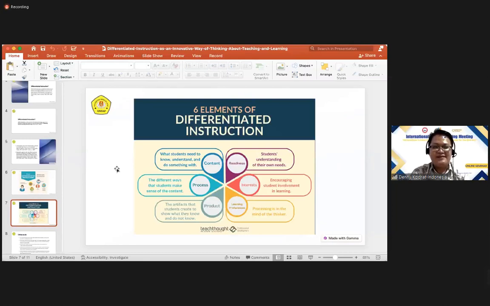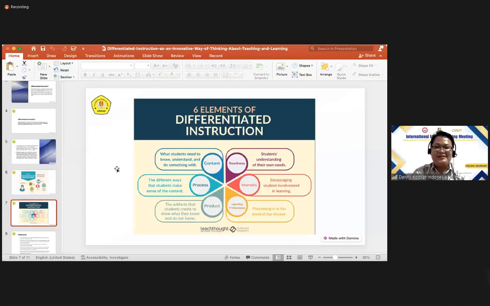In content, the teacher should know their students, whether the students understand or not, what the students know about the materials and lessons, and how they can do something with them. The process is the different ways that students make sense of the content.